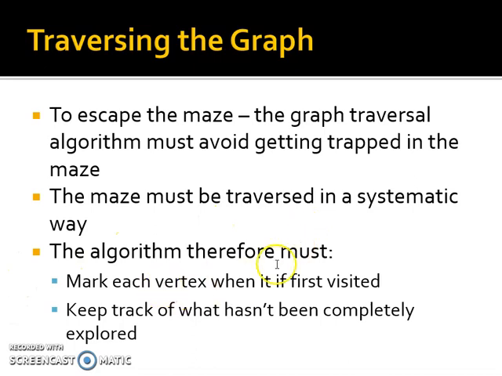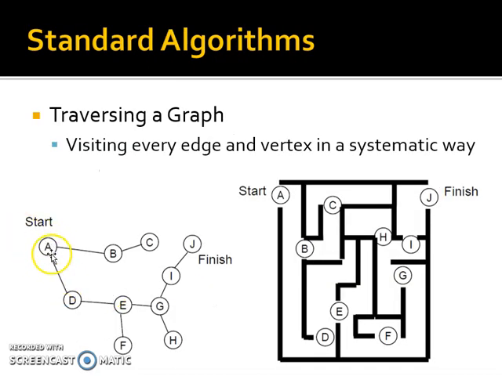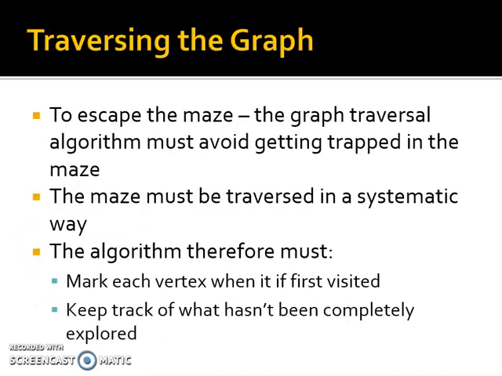So the algorithm must mark every vertex when it's first visited, so that we know we visited it. So we start at A, we visited A, what exists from A, and there's B and there's D. So knowing that these exist from B to D, once we've visited A, we know this is here, and then we can traverse to B.